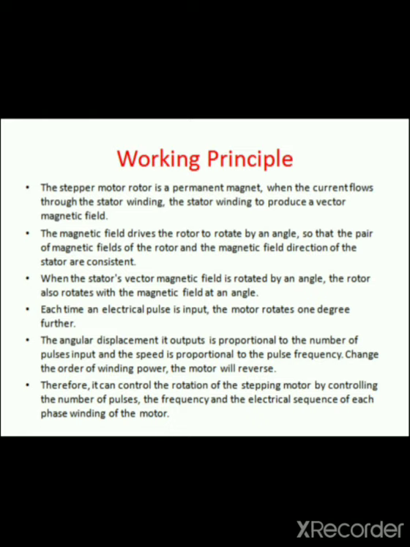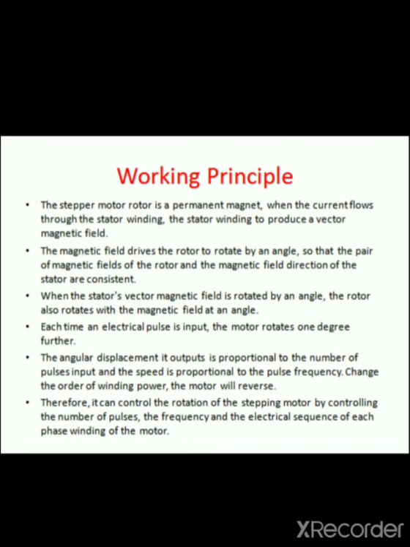When the stator's vector magnetic field is rotated by an angle, the rotor also rotates with the magnetic field by an angle. Each time an electrical pulse is input, the motor rotates 1 degree further. The angular displacement it outputs is proportional to the number of pulses input, and the speed is proportional to the pulse frequency.